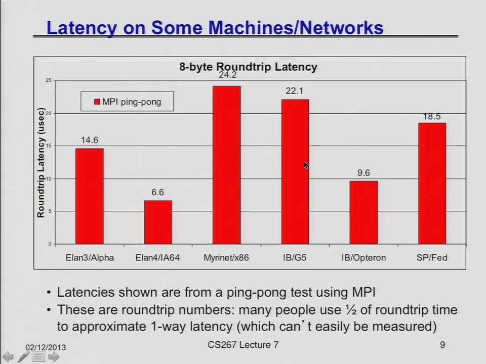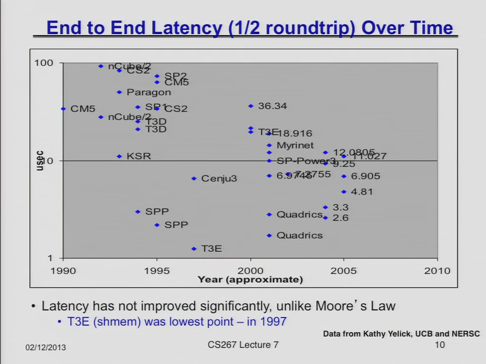So let me show you some historical data, because if you're used to computer science, you say, oh, it's just going to be twice as fast next year, right? No. So here is a picture, historical data, going back to 1990 up to 2005, which is all the data I have. The horizontal axis is years. The vertical axis is latency in microseconds from 1 to 100.